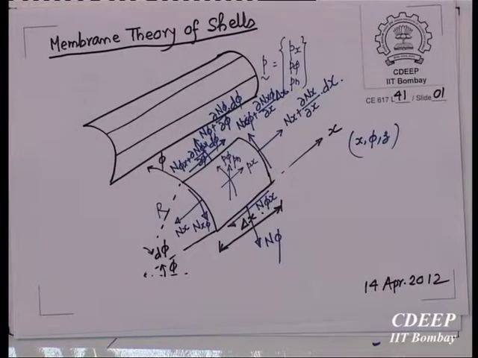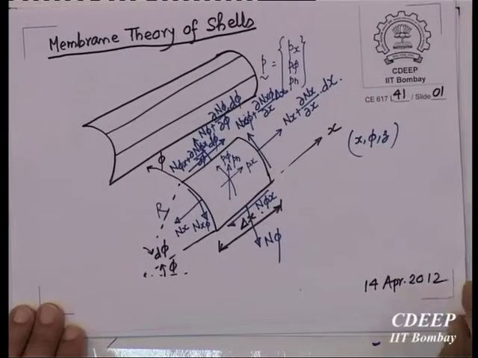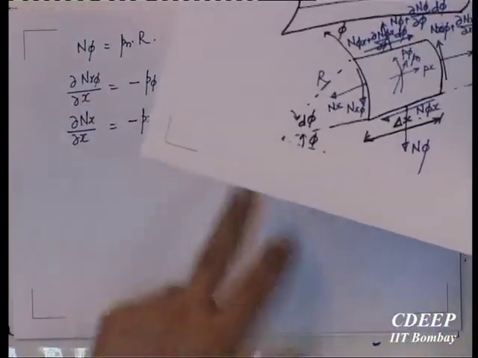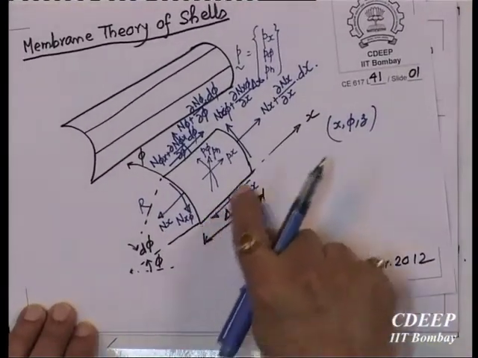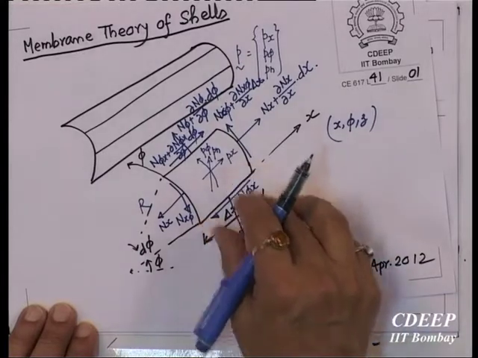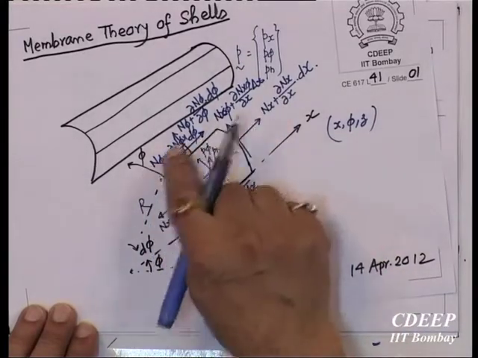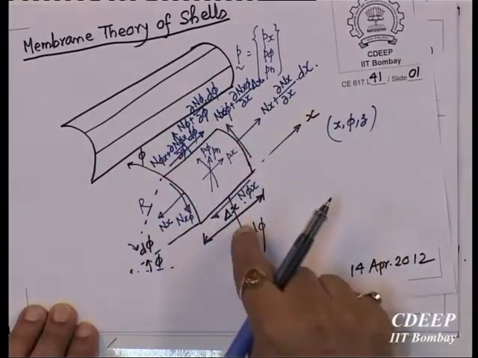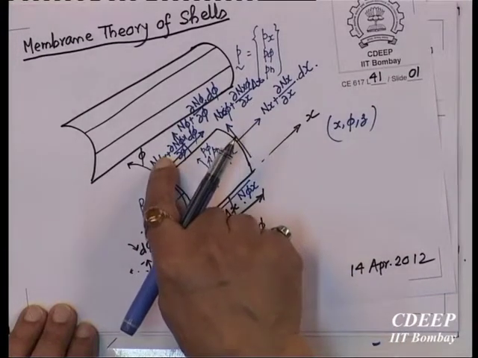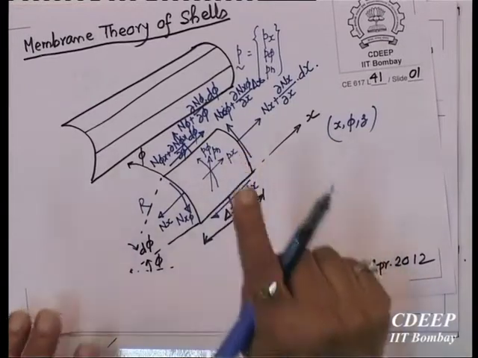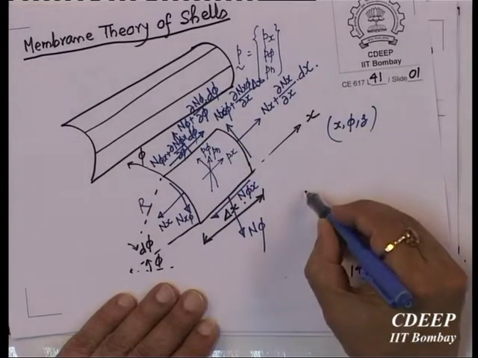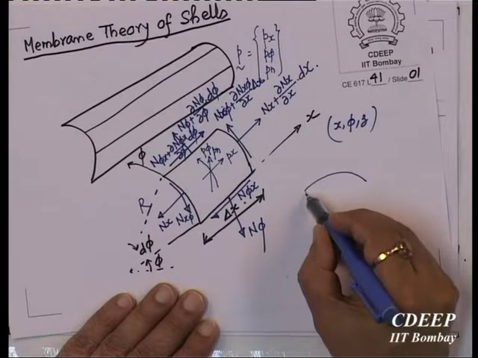Three equations we will get. Let us not spend too much time on how they have been derived, though of course it is possible. For example, n phi multiplied by this dx will be the total force here, and here again this is the incremental force.